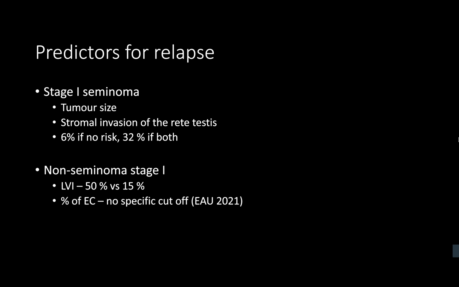The CT scan has shown no abnormal lymph nodes in the retroperitoneum or anything abnormal in the chest. The serum tumor markers were normal previously, and post-orchiectomy, there is no change in the serum tumor markers. What is the current staging of this patient?